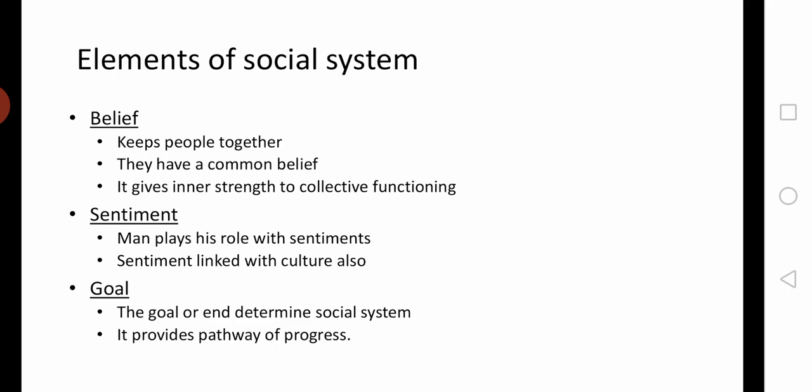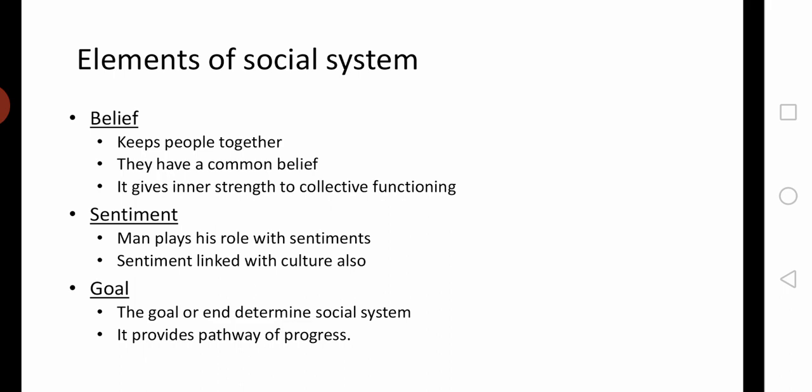They have a common belief, a common target, and this belief can give an inner strength for the full functioning of that organization or team. If that team belongs to some organization, definitely there will be a collective functioning for that.